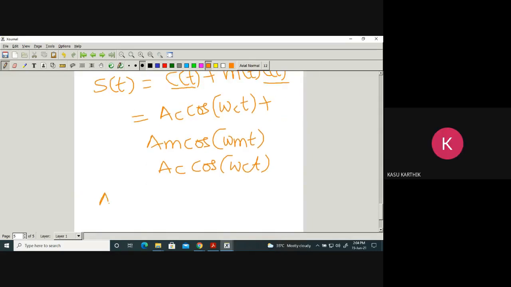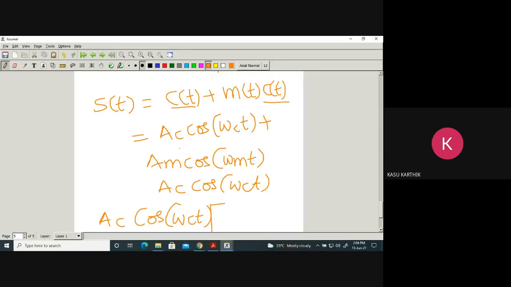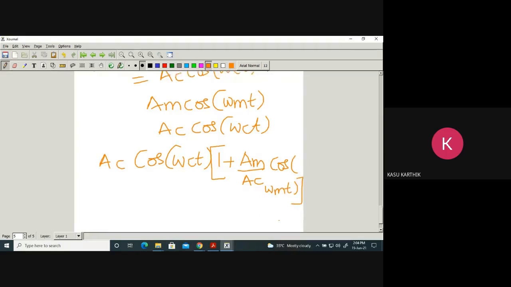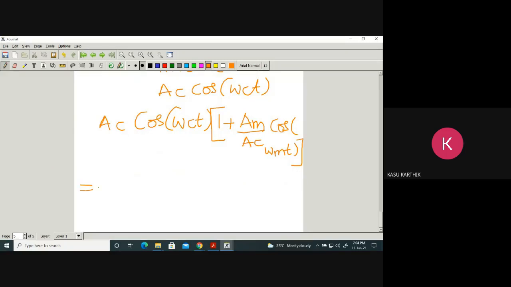So take it common: Ac cos omega ct into, what do you get in the bracket? 1 plus Am by Ac into cos omega mt. So if I write it properly, you get Ac into 1 plus Am by Ac into cos omega mt into cos omega ct.